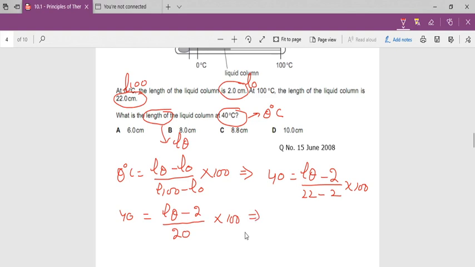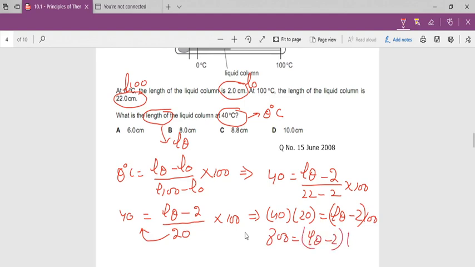Then the next step, now move this 20 to the other side. So 40 into 20, that is equal to L theta minus 2, and now here we will apply a parenthesis and 100. So it will become 800 equal to L theta minus 2. When I checked your assignment, many of you got the incorrect answer.